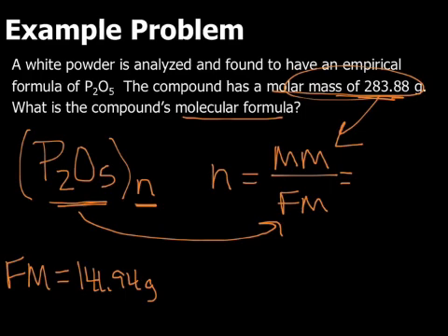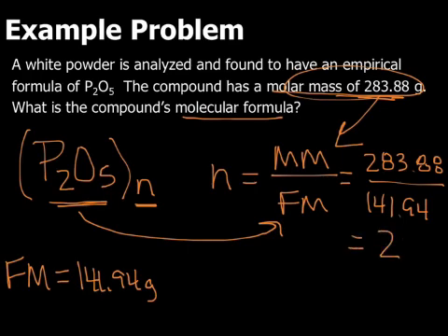Now all I have to do is plug that in: 283.88 divided by 141.94. When I divide that, it comes out to 2. So my n value is 2, and now all I have to do is multiply my subscripts by 2. My molecular formula is P4O10.